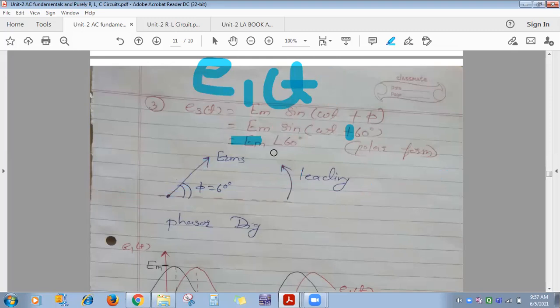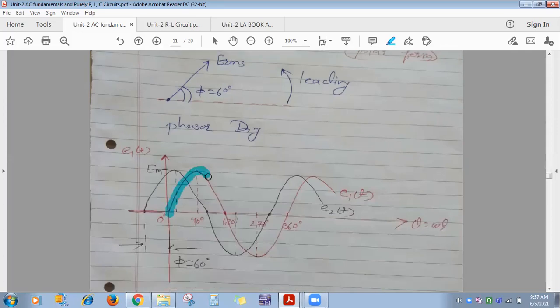Now it leads by 60 degree to E1T. So E1T waveform, then leading to it means as E1T starts from 0 degree, so 60 degree before 0, this E3T will start, isn't it? Means if E1T's first positive peak occurs at 90 degree, then what about E3T?